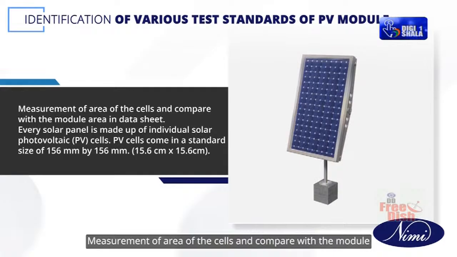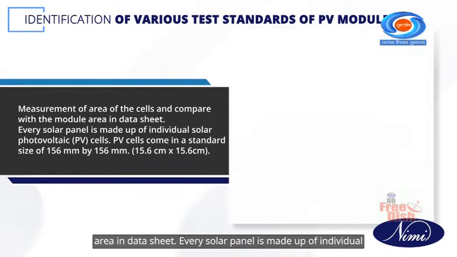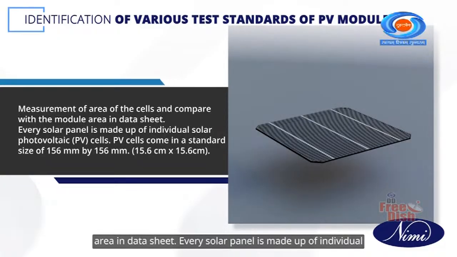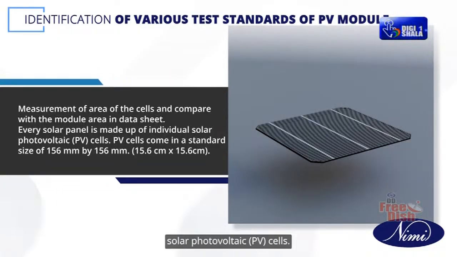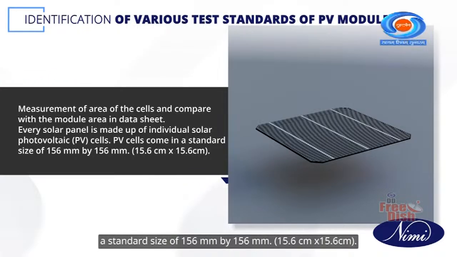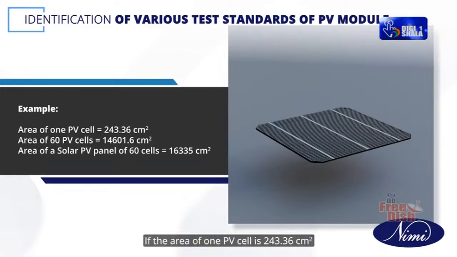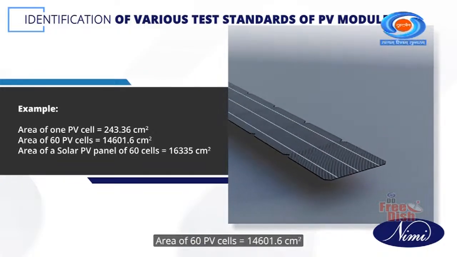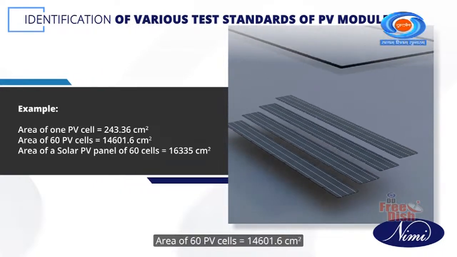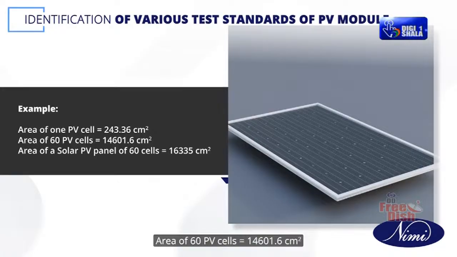Measurement of area of the cells and compare with the module area in the data sheet. Every solar panel is made up of individual solar photovoltaic PV cells. PV cells come in a standard size of 156 mm by 156 mm. For example, if the area of one PV cell is 243.36 cm square, the area of 60 PV cells is equal to 14,601.6 cm square.